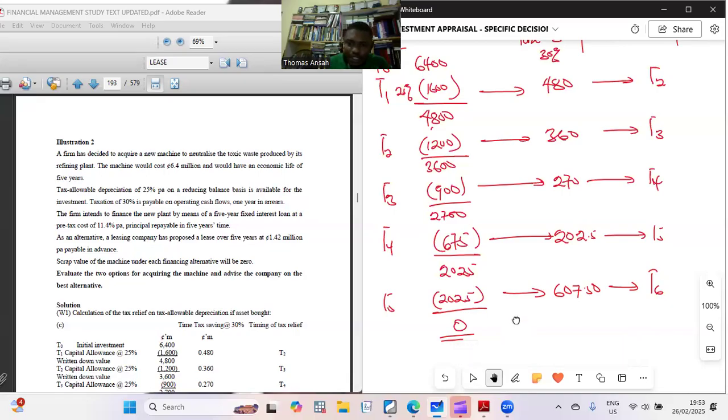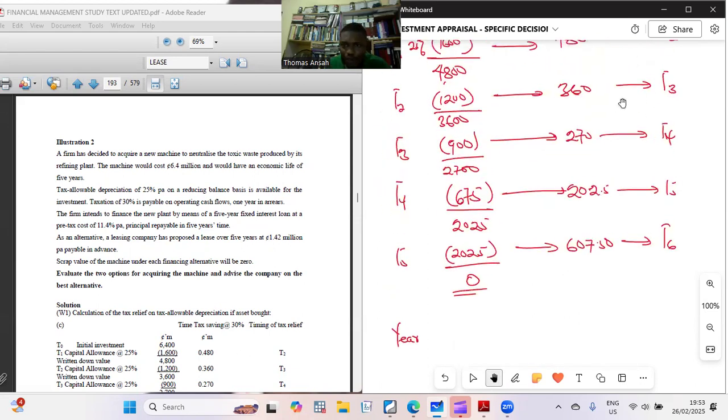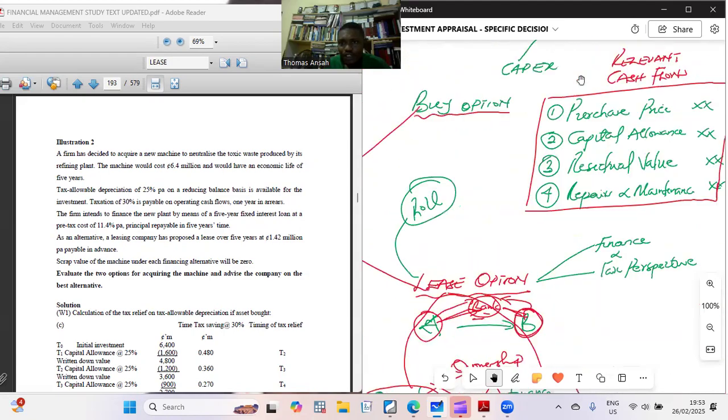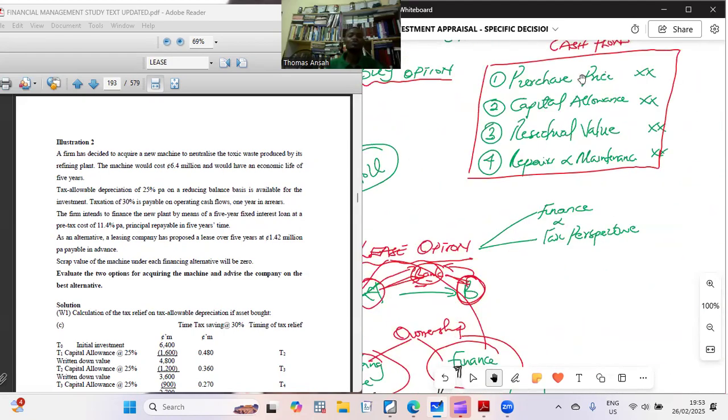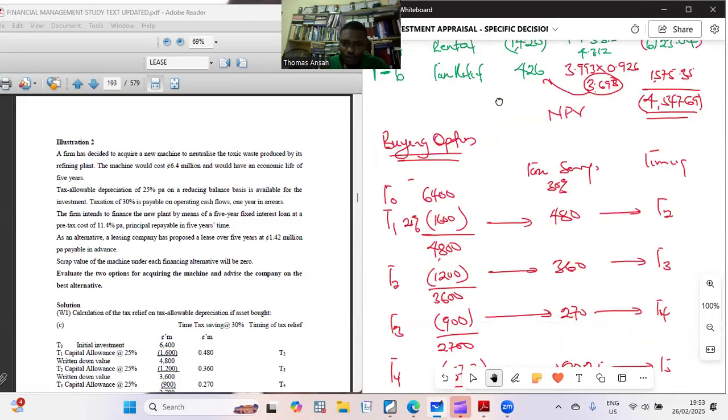Now you can go up and set up your table. All right, so you have your years. Okay, and like I said, here we are not looking at the inflows or anything, but we do know that there will be capex. So what we started with, we do know that the cash flows here, there will be purchase price. So you will buy the thing, there will be capital allowance, there will be residual value, if any, then repairs and maintenance, if any. So now let's set up our table then.